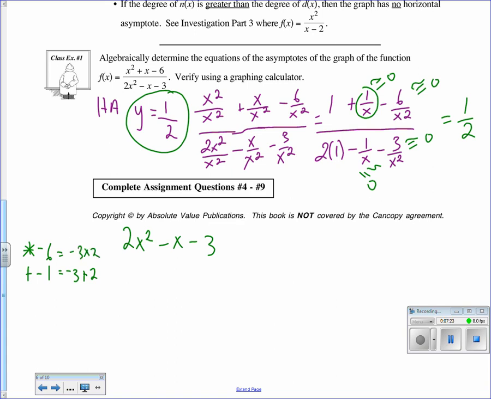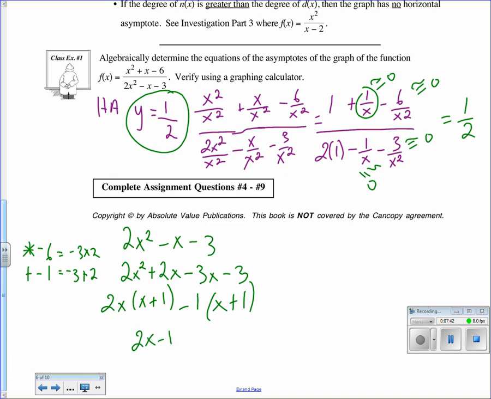And if I write it nice, 2x squared plus 2x minus 3x minus 3. I can factor in pairs. Repeat that x plus 1 term, which is my common term. I need a minus 1 sitting outside. So 2x minus 1 and x plus 1 are my factored forms.